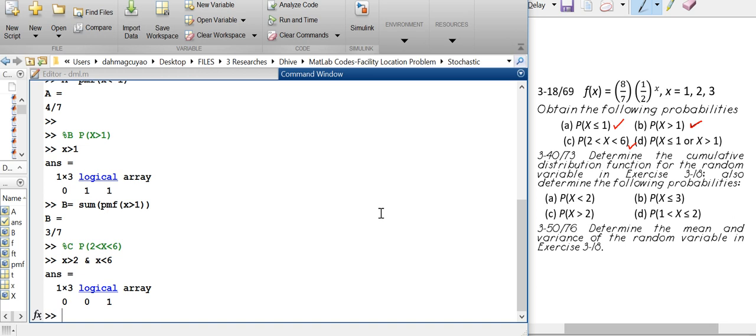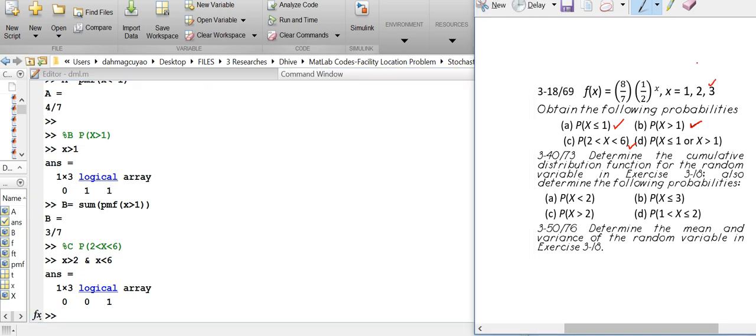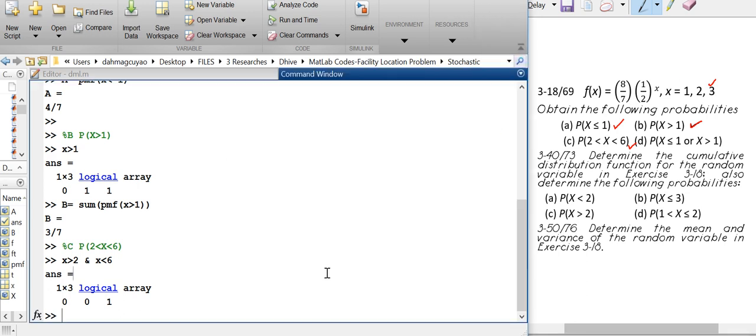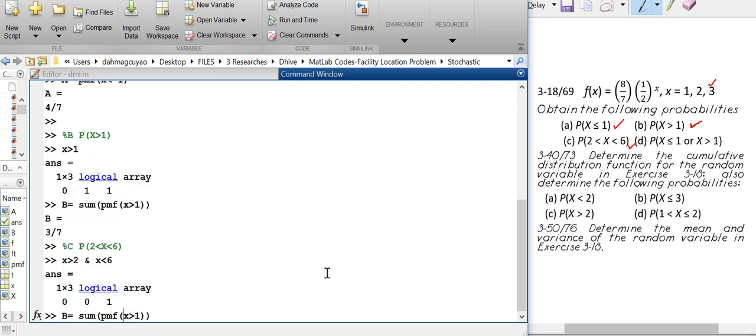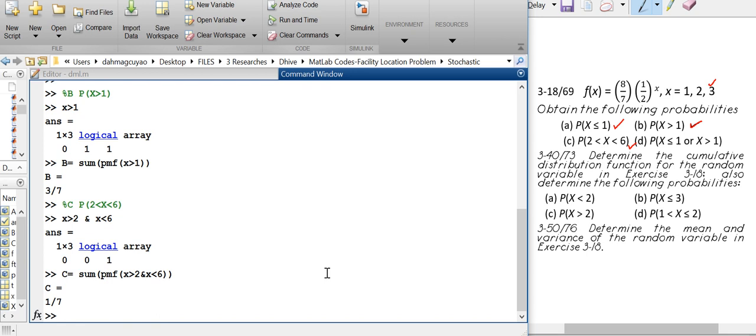When x is equal to 3, 3 is greater than 2 but less than 6. So C is the sum of all the probabilities such that x is greater than 2 and at the same time x is less than 6. So it would be 1 over 7.